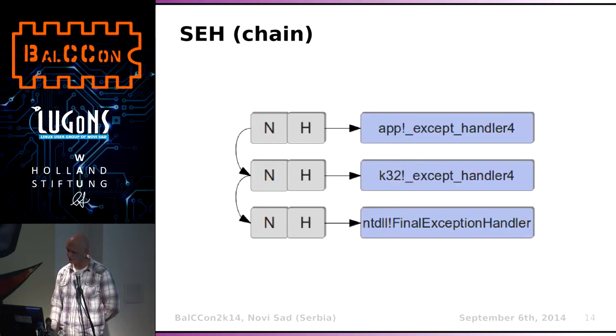If that exception handler is not able to process the exception, it just bypasses the control to the next exception handler. If this one is not able to process the exception, it goes to the final one.